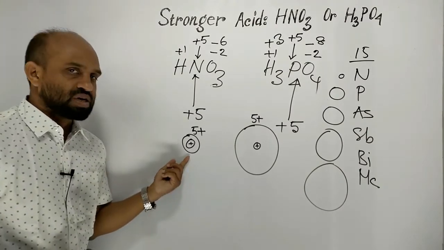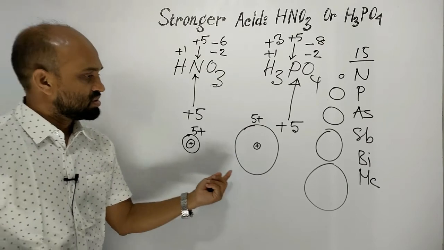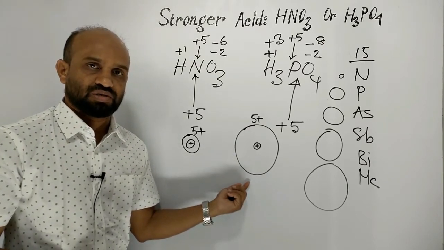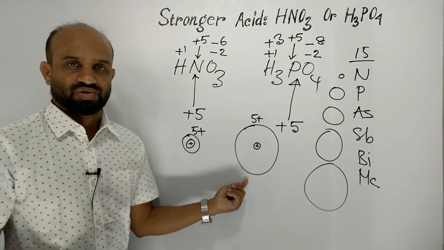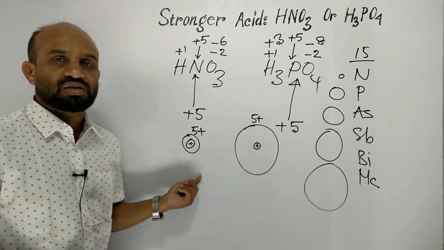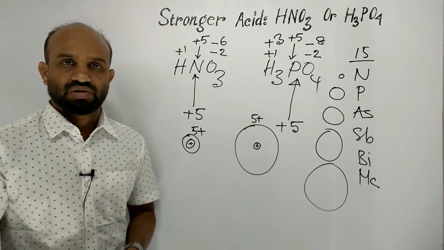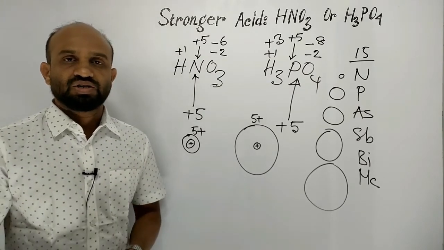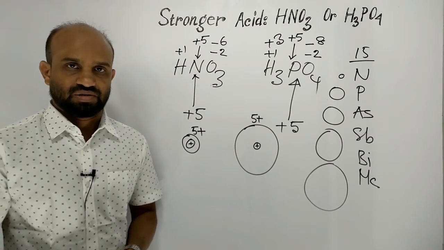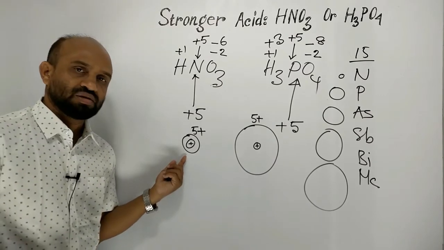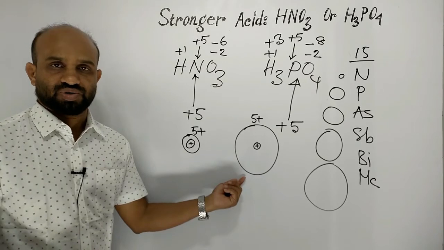So in case of nitrogen, charge density is higher than that of phosphorus because this is smaller in size than phosphorus. Charge density is defined as the amount of charge or the quantity of charge per unit area of a surface. So in this case, charge density is very high compared to phosphorus.